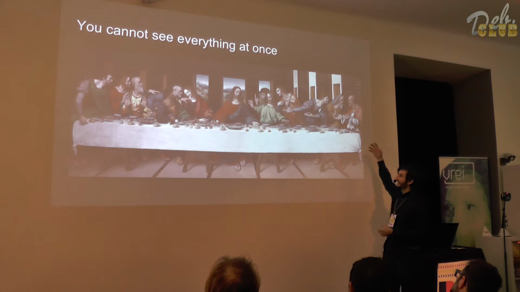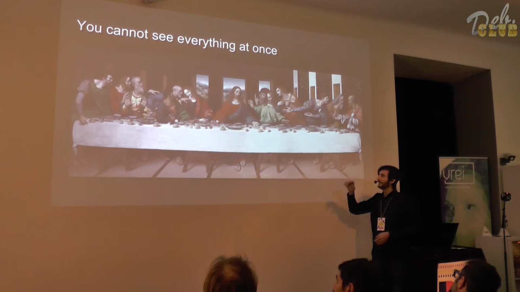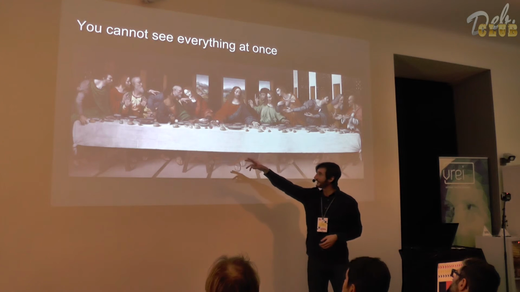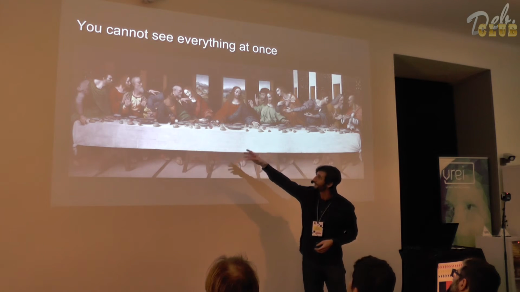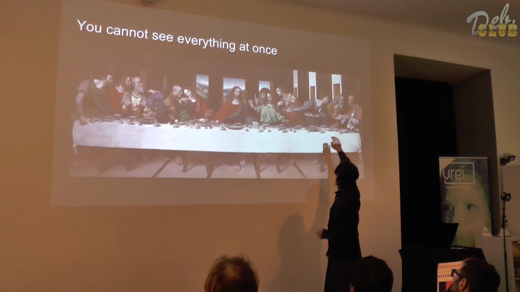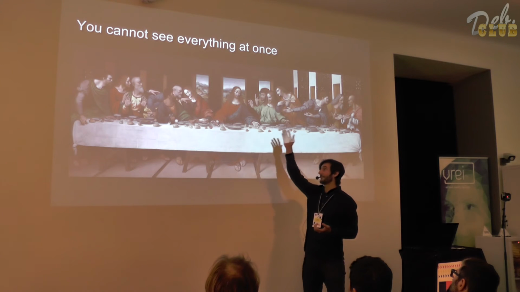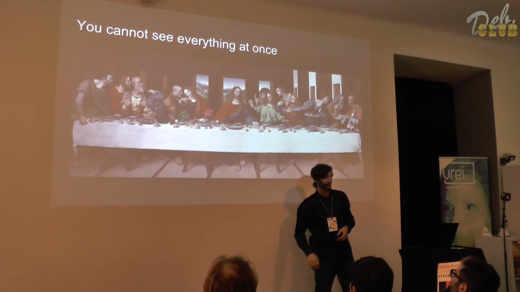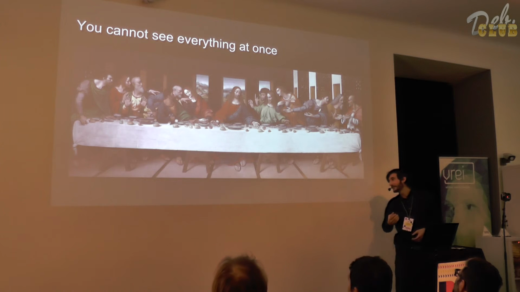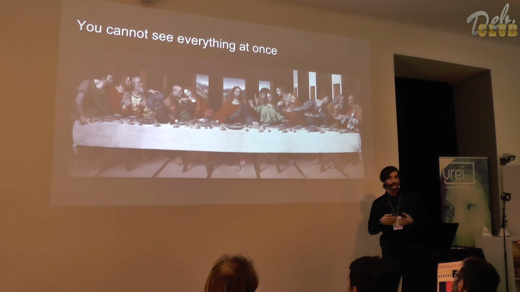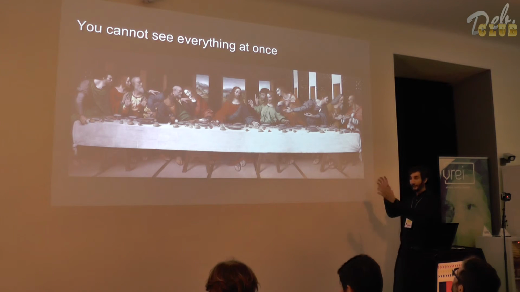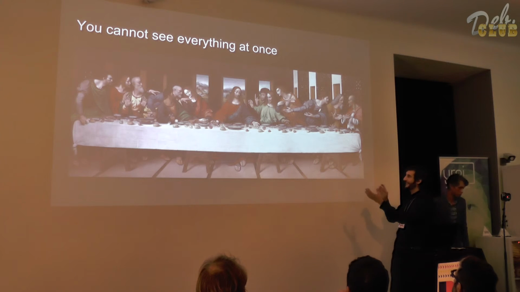We can't understand the scenery by looking at everything at the same time. We have to look at Jesus maybe, then we look at these guys. They seem very surprised. Then there is a discussion going on, and while we're there, Judas was already selling Jesus to the Romans. There's a lot of stories going on, and everything is important, but we can't see everything at the same time.